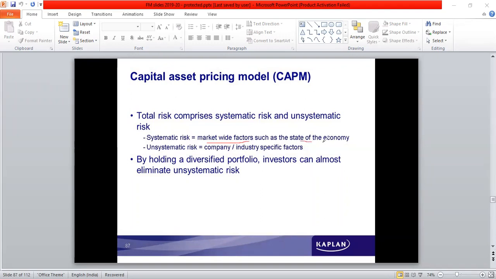Unsystematic risk is equal to company or industry specific factors. Systematic risk is the risk which occurs to everyone in the economy; all those businesses get affected, so uniformly there would be an impact. Such types of risks are called systematic risks.